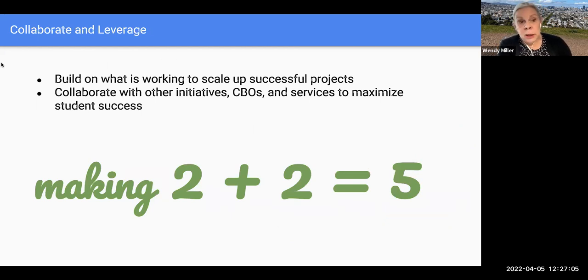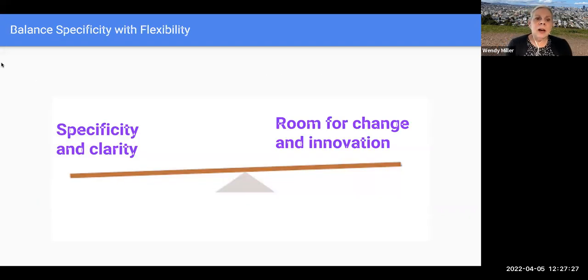Our fourth principle is to collaborate and leverage wherever possible to build on what is working and scale up successful projects, collaborate with other initiatives, community-based organizations, and services to maximize our students' success, and hopefully make 2 + 2 = 5. Next one. And lastly, we need to balance specificity with flexibility. We've all heard about SMART goals.